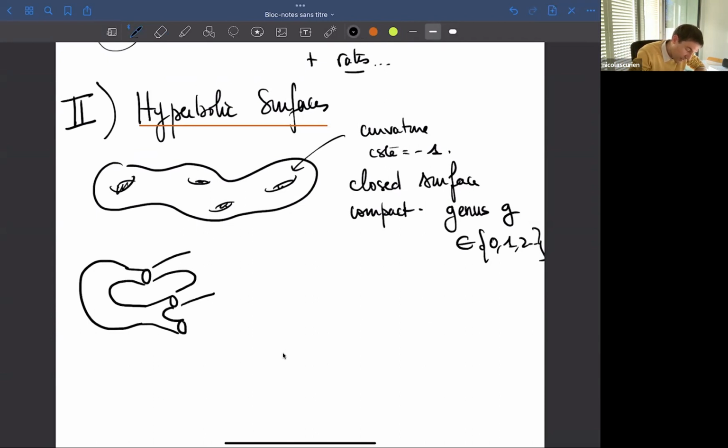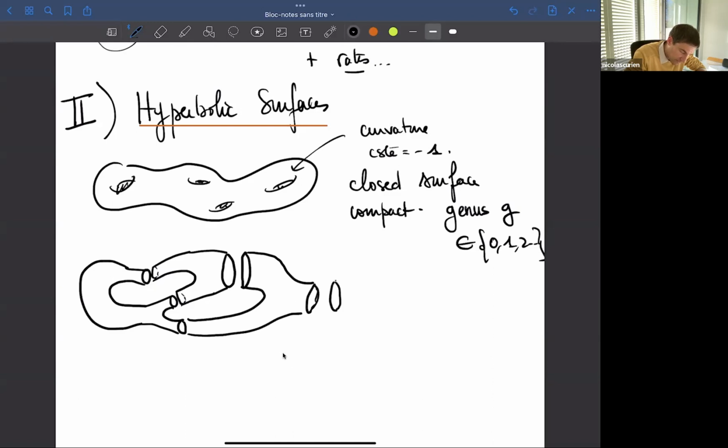It is a decomposition of your surface into pairs of pants, exactly as I am drawing here. You see, I'm drawing pairs of pants, like trousers, and they are glued together according to some combinatorics, provided that you have some length on your trousers.